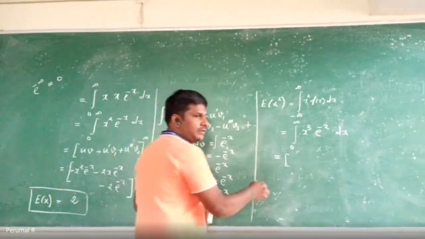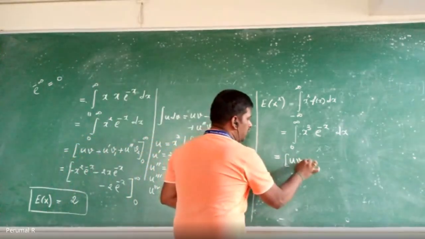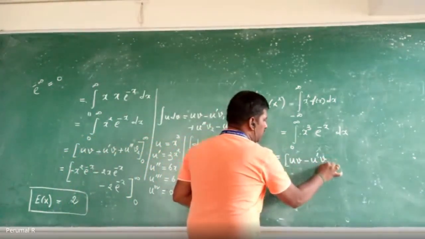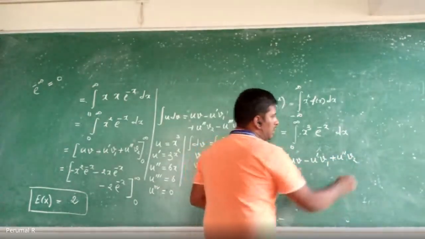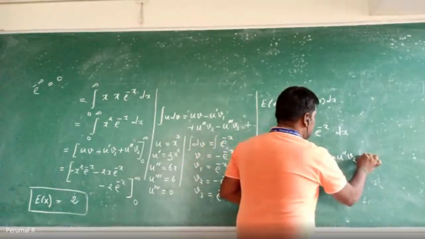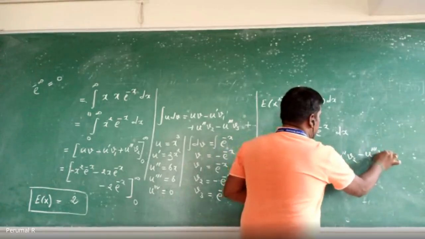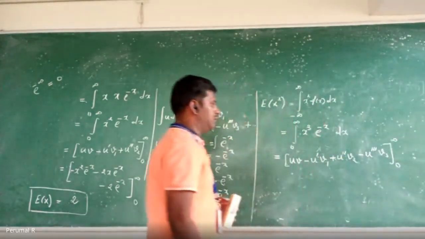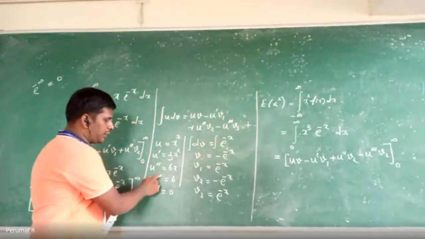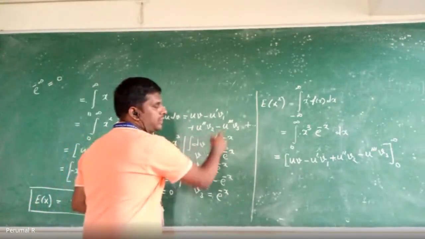Therefore the formula is u into v minus u dash v1 plus u double dash v2 minus u triple dash v3, limit from 0 to infinity. Because u4 is 0, you can write up to u triple dash v3 only.